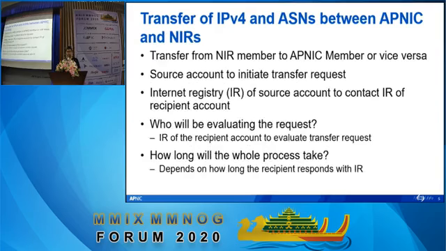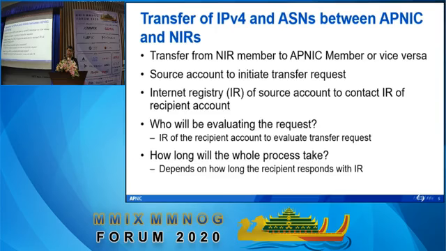And for transferring IPv4 and AS number between APNIC member and NIR member, and vice versa, or NIR member to APNIC member, how does the process work? The source account will need to initiate the transfer request with the internet registries.